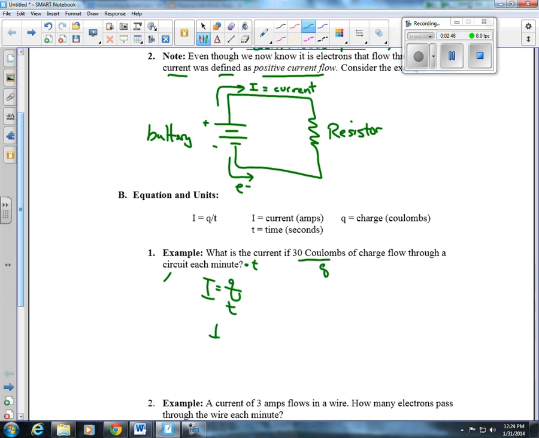So I is going to be 30 coulombs divided by 60 seconds, and that's 0.5 coulombs per second. We don't say coulombs per second usually when we're talking about current. The unit for it is amps, so we can say that that's equal to 0.5 amps. So an amp is defined as a coulomb per second.